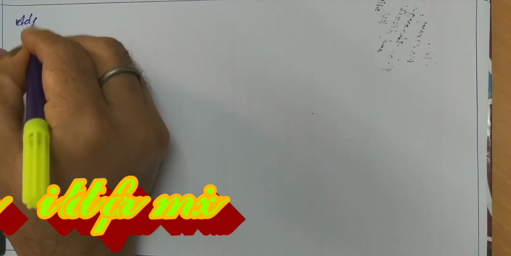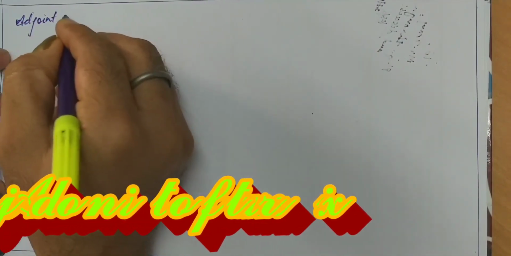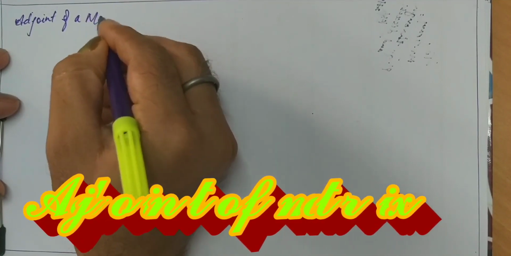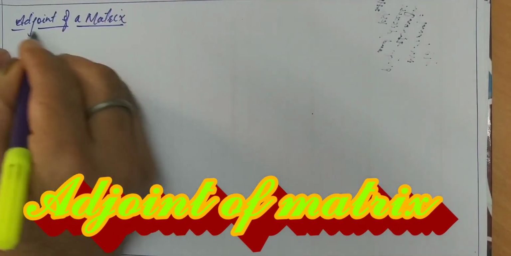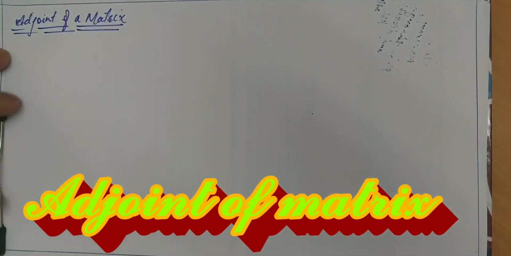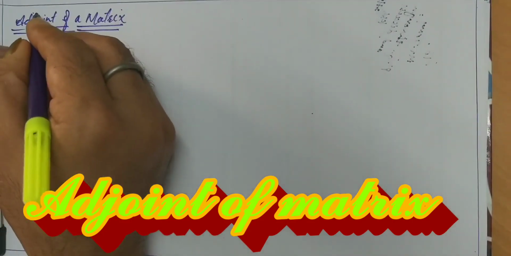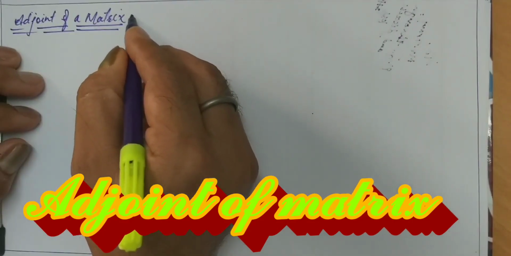Next is adjoint of a matrix. Now this is the third step. First is minor, then cofactors, and then adjoint of a matrix. What is adjoint?